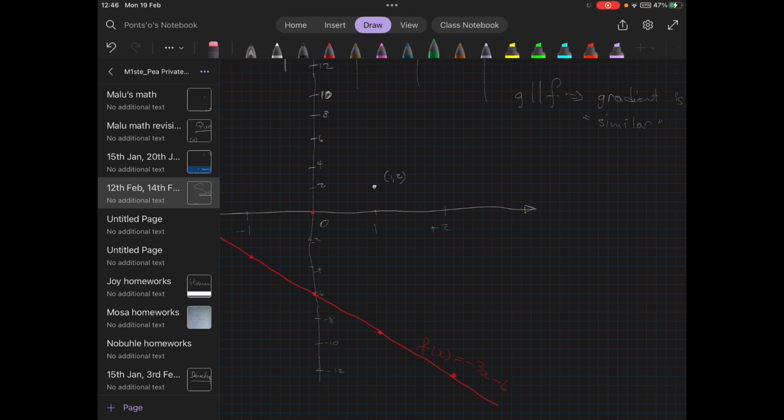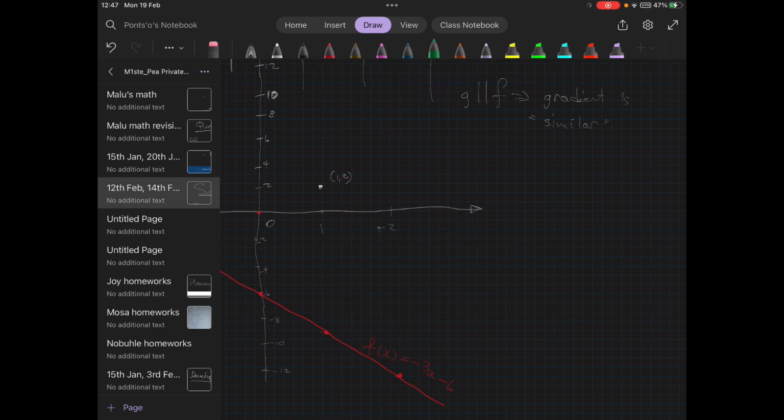I'm going to use the green to plot g of x. But so far we've only got 1 point for it. And now we must find its y-intercept, its x-intercept, its domain, range, etc.